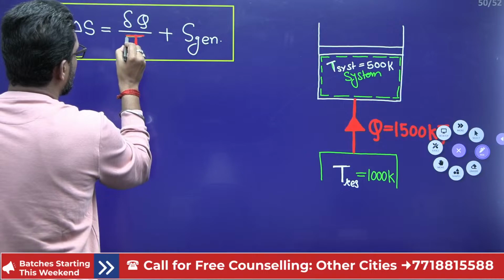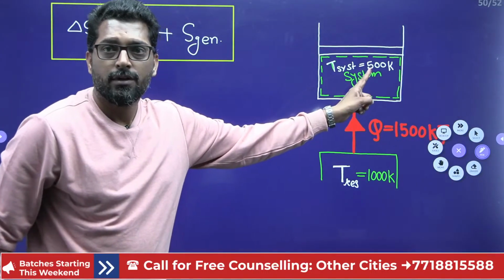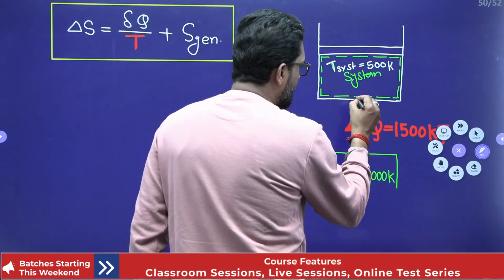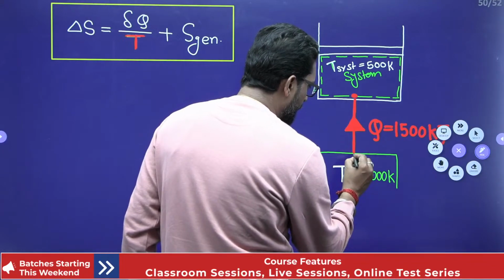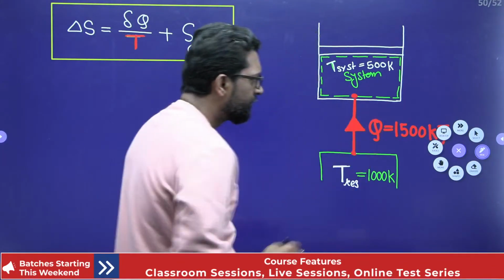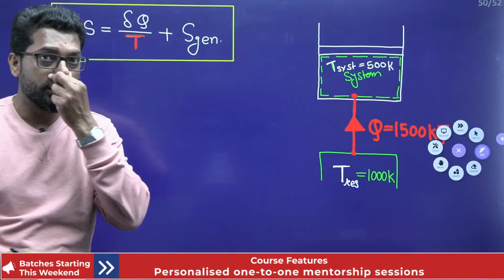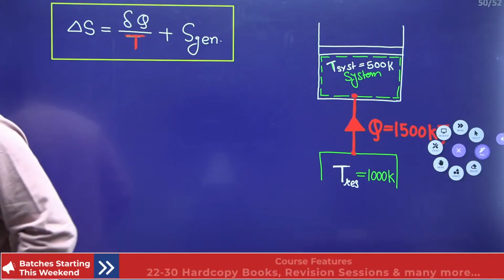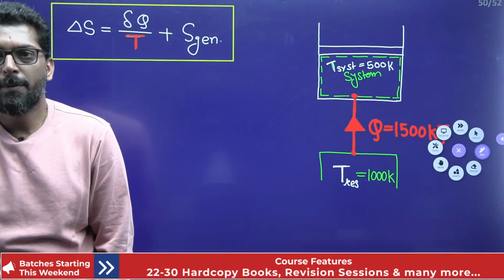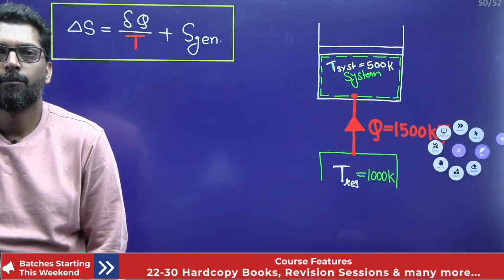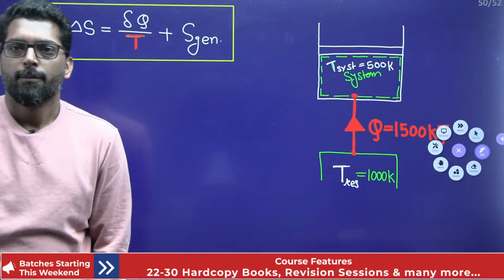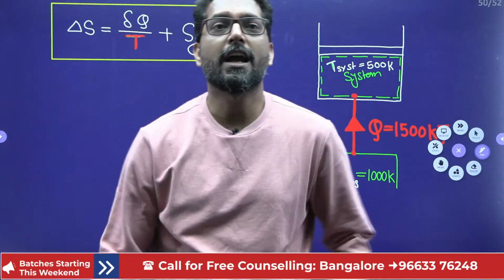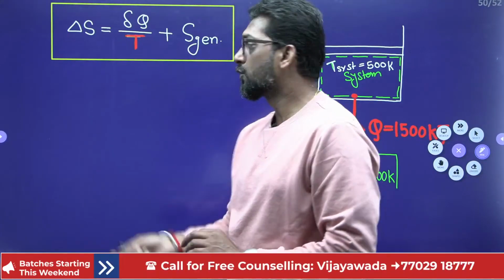There are 2 temperatures: system temperature, that means system boundary temperature, which is given, and reservoir temperature, which is given. Which temperature can you put here if you find the system entropy change, to calculate S generation?